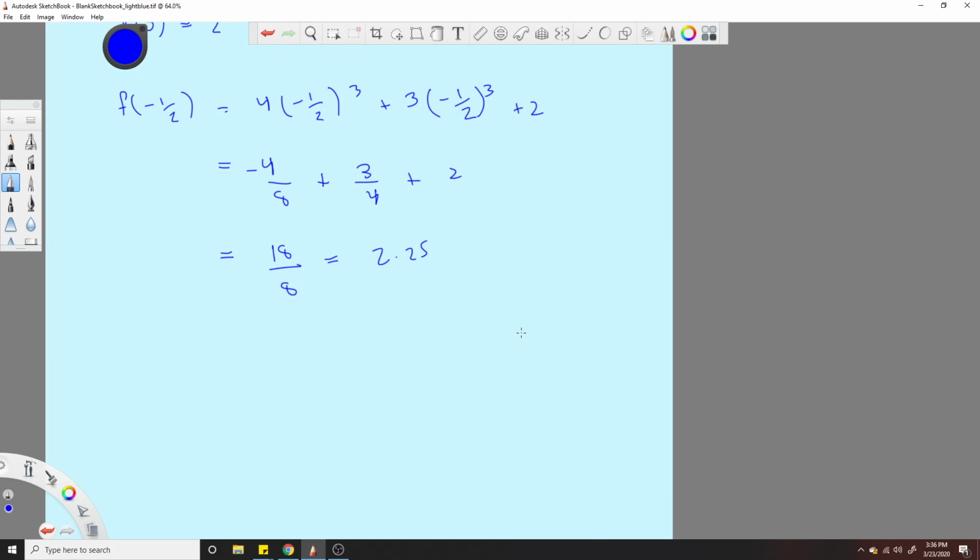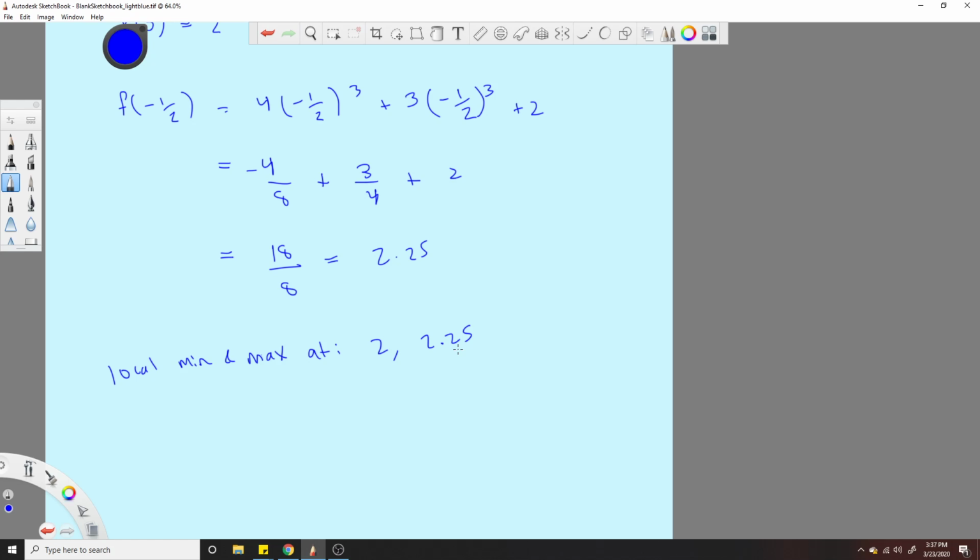So now we have found local min and max at 2 and 2.25. We don't know which of these are min and max, but we do know that they are min and max.